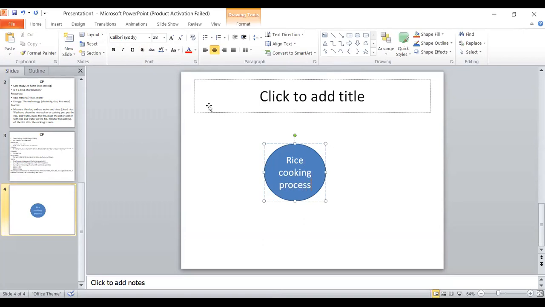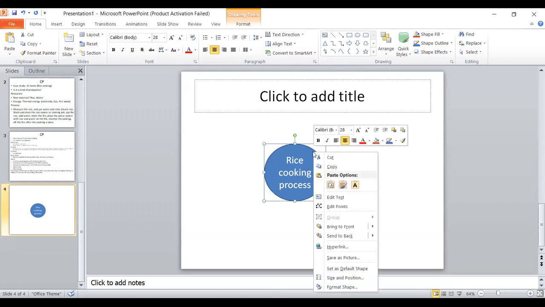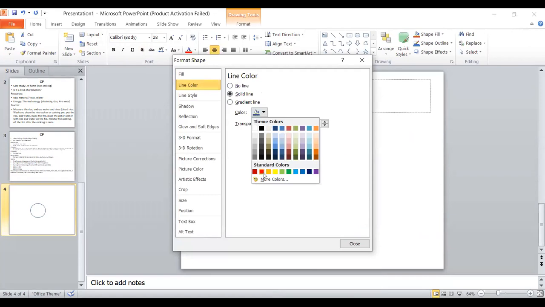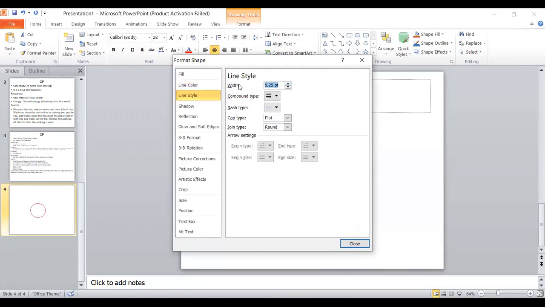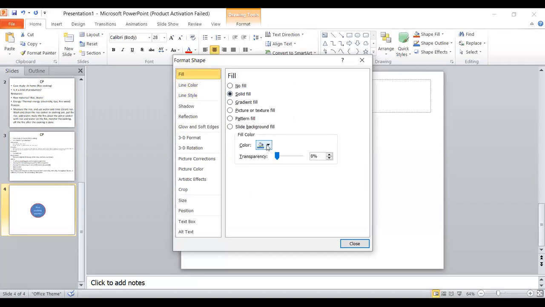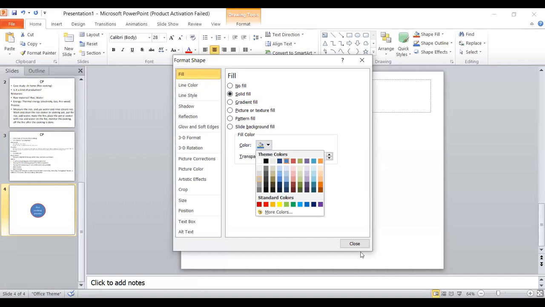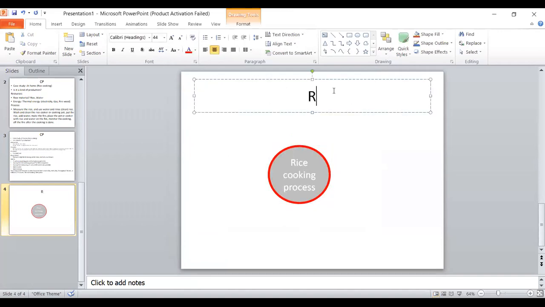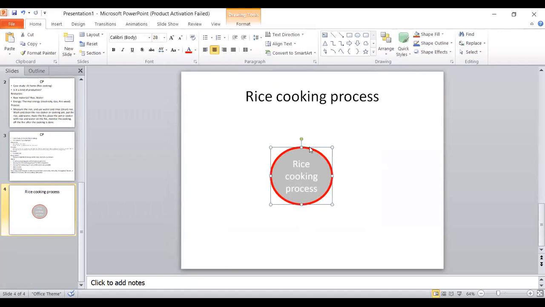This is very, very important, this rice cooking process.